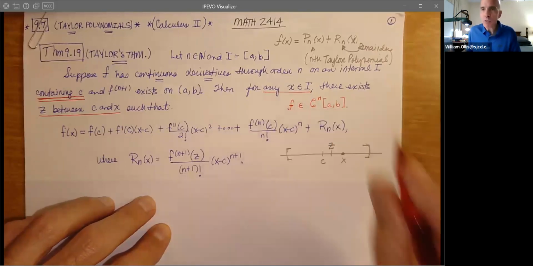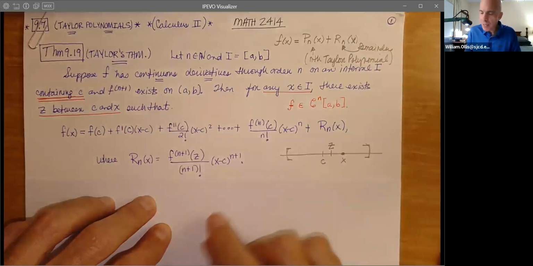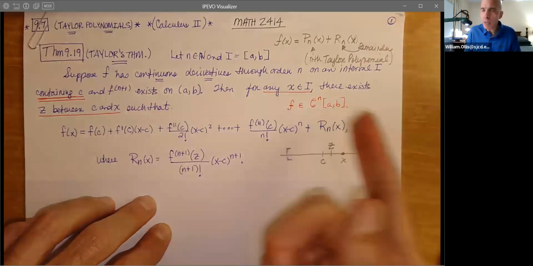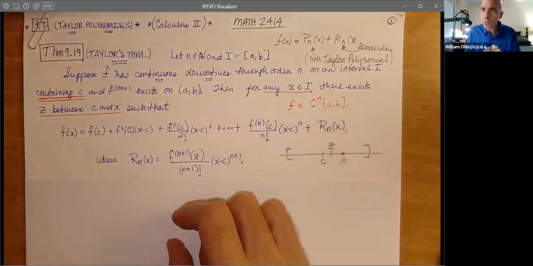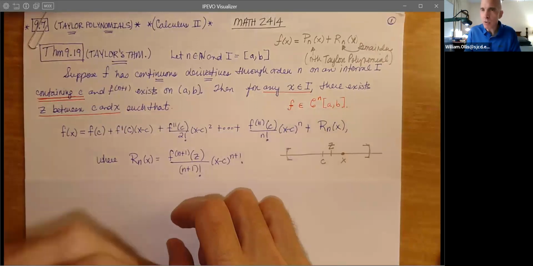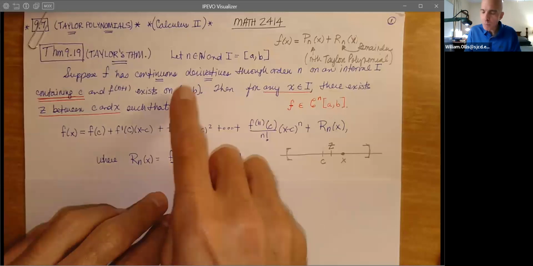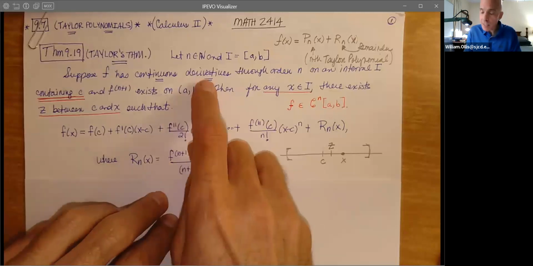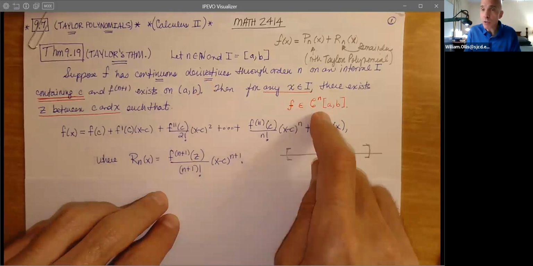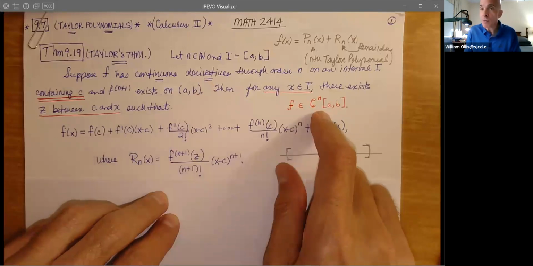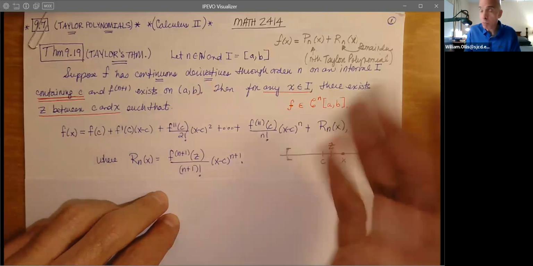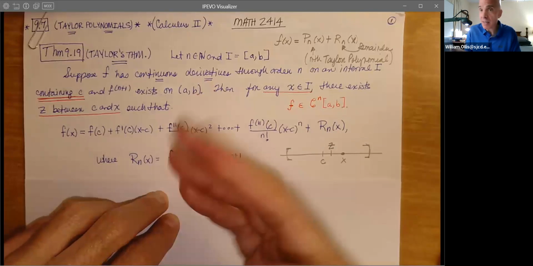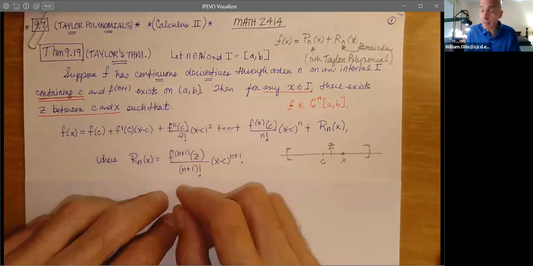So if something was C1 on the interval, say 0 to 1, that would mean when you took the first derivative, it was nice and continuous on the interval 0 to 1. So what this theorem says, and the thing is that some functions we deal with are C infinity. That is, you can take derivatives of any order and still have a continuous function. You know, e to the x, sine x, those are C infinity.